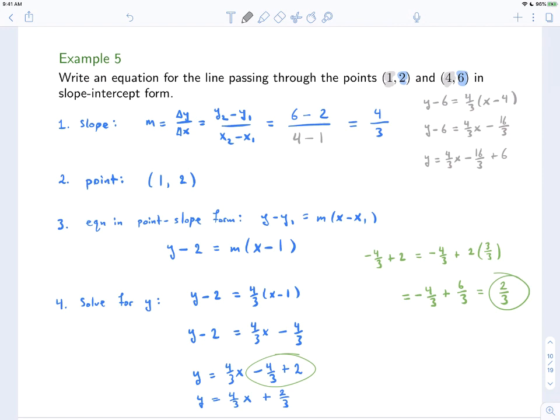And once again, we need to get a 3 in the denominator, so you have to have a 3 in the numerator. 6 times 3 is 18, so this is y equals 4/3 x minus 16/3 plus 18/3. And 18 minus 16 is 2. So this is y equals 4/3 x plus 2/3. And as you can see, this is the same equation. So it doesn't matter which point you start with, you still end up with the same line.